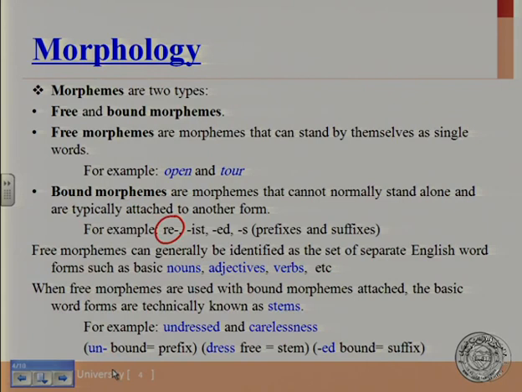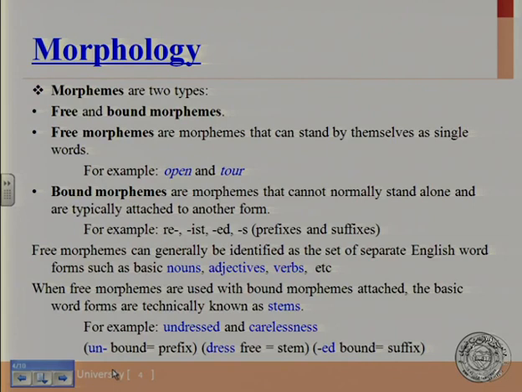We say this is a prefix, because it cannot normally stand alone. We have to attach re with open to say reopen. Ist is again a suffix. It is a bound morpheme. And ed is another bound morpheme. These bound morphemes do not stand alone.